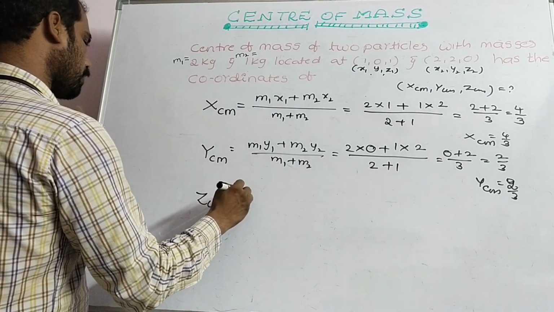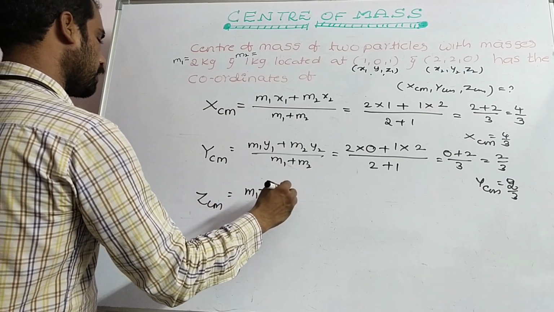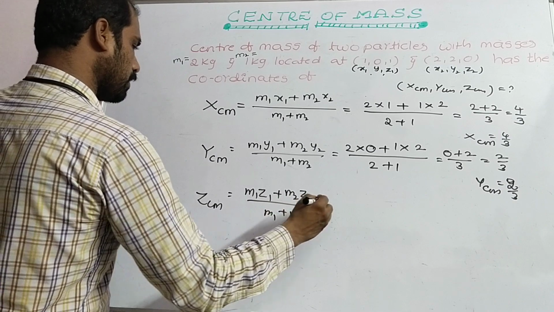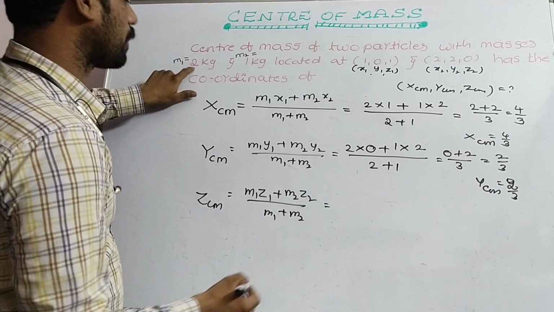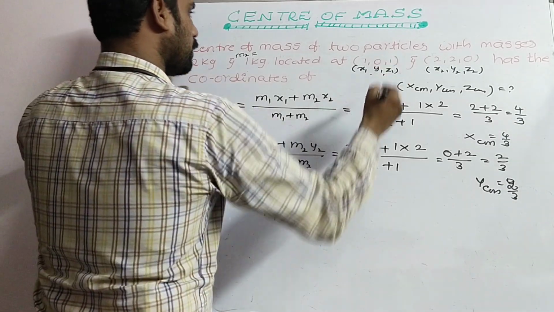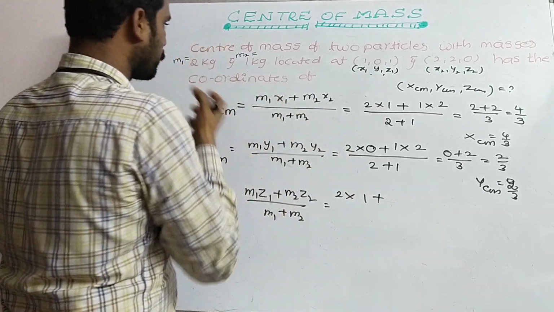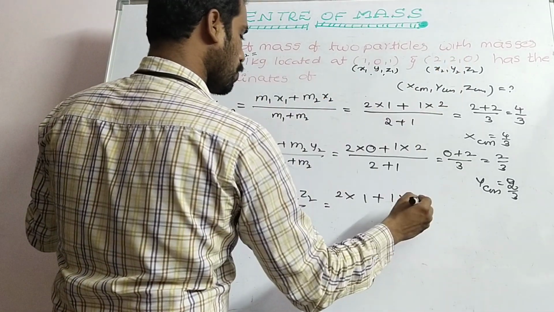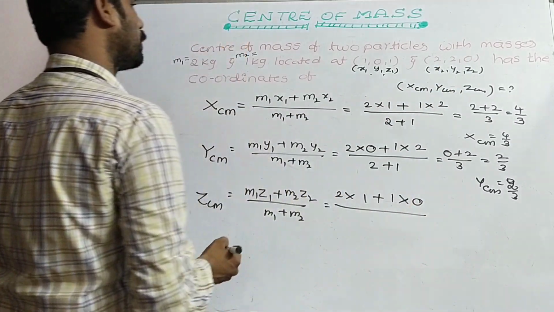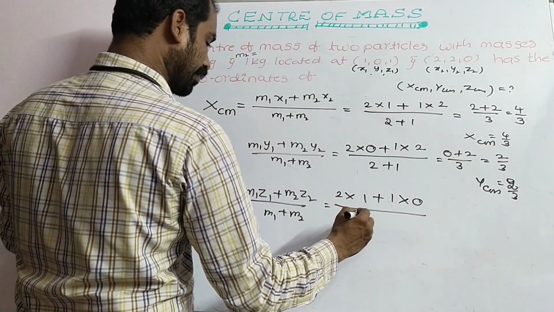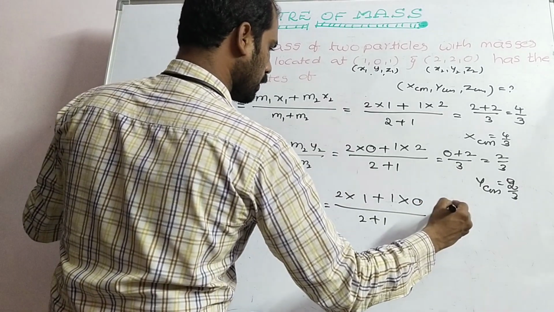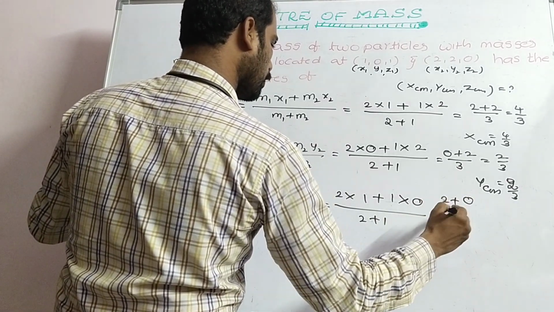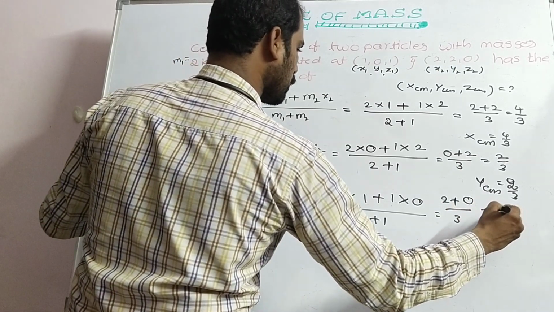Now ZCM is equal to (m1 z1 + m2 z2) by (m1 + m2). That is 2 into z1 which is 1, plus the second mass 1 into 0, by 2 plus 1, that is equal to 2 plus 0 by 3, that equals 2 by 3.